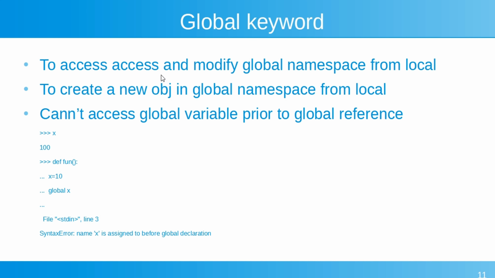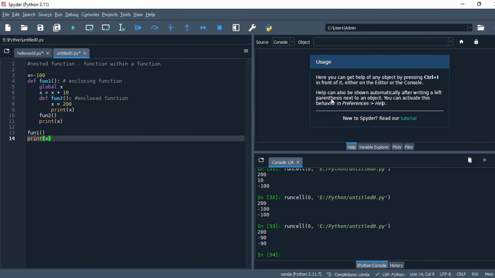And the next thing is, yeah, this is a more formal definition. A global keyword is used to access and modify the global namespace from local, and to create a new object in the global namespace from local. So that is the purpose of the global keyword.